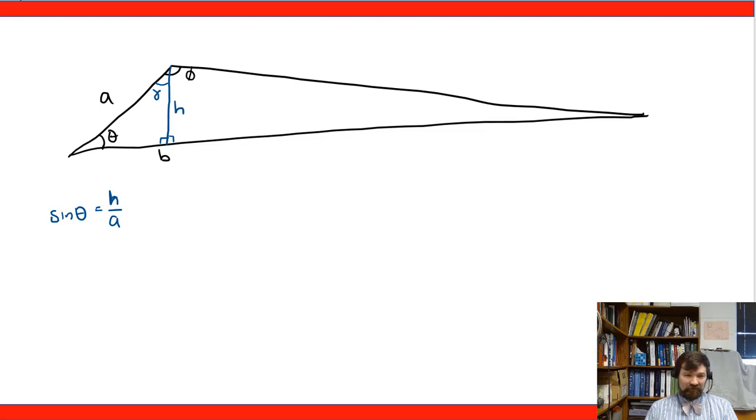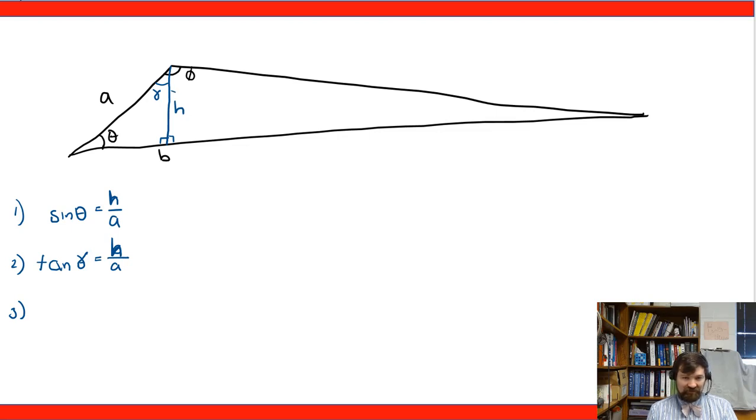Okay, well, the tangent of gamma would be the adjacent side divided by the hypotenuse side. Okay, so this is like step 1, this is step 2, step 3.